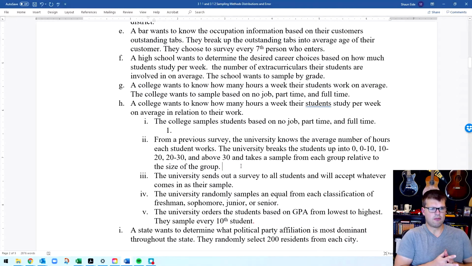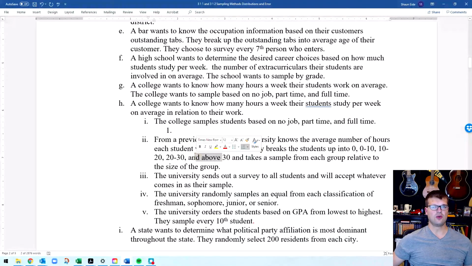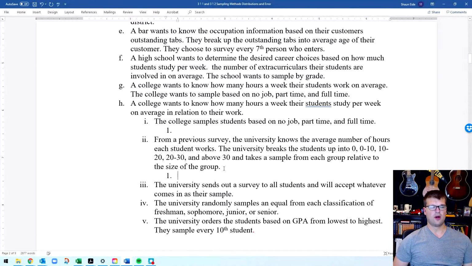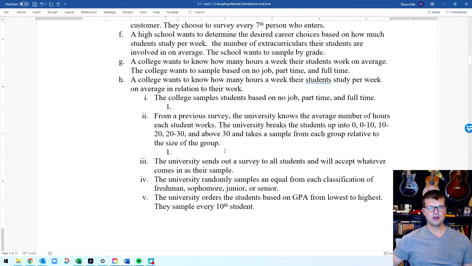Okay, so you've got them broken up, just like you would with a quantitative frequency distribution, and you've got them broken up into different classes or different strata, if you will, and so each one of these groups has a certain population in these groups, and then you are able to randomly sample based on the relative amount of population. So I'll let you think about the relative population in each one of those groups as you decide which one that is.